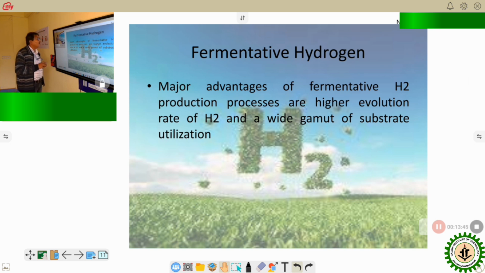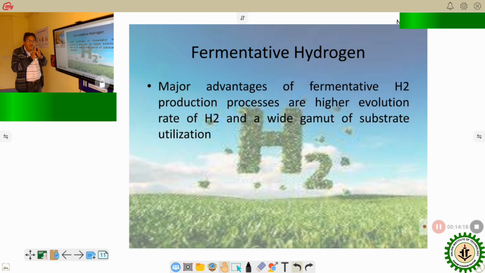Fermentative hydrogen production has major advantages: a higher evolution rate of hydrogen and a wide gamut of substrate utilization. So just imagine this many number of biomass, a mixture of biomass can be utilized with a bacteria. I'm talking about that Enterobacter cloacae, even just E. cloacae. So that can produce.